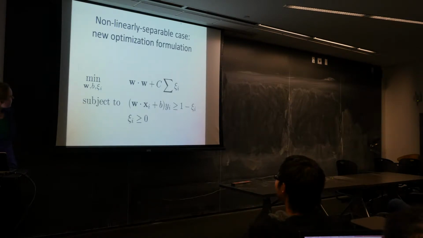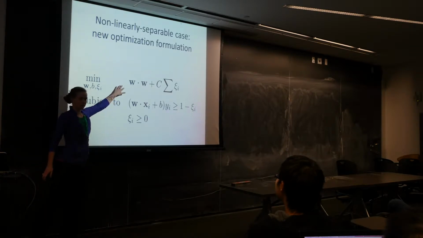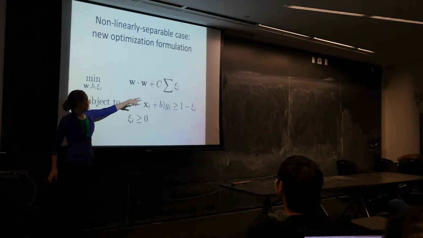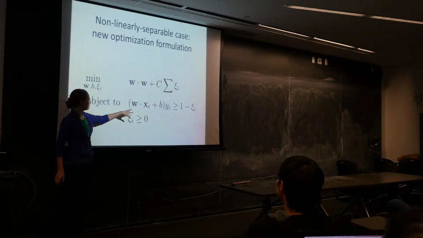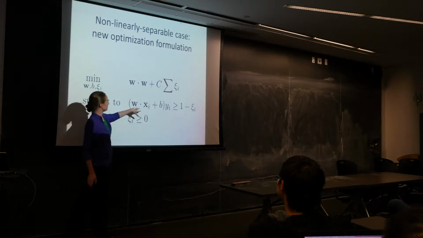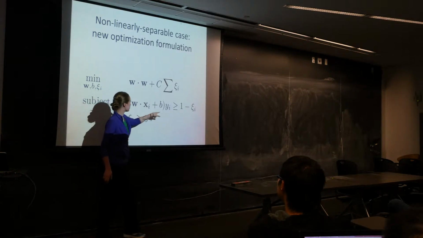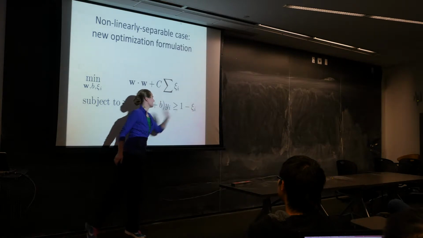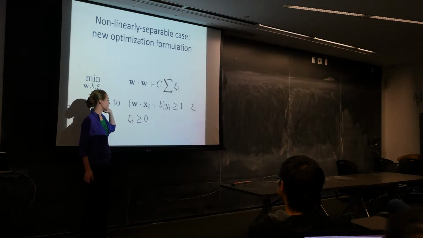So the new optimization formulation is kind of similar to before. You want to minimize this W transpose W, but now you have this weird term on the end there, subject to your same constraint. If you chop off the minus psi i, you had that same thing before.